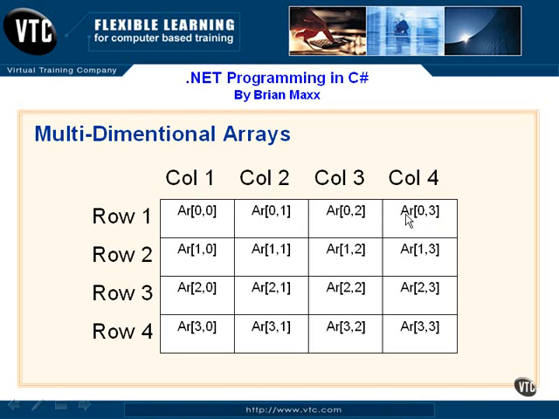So there's actually 4, but we start at 0. Same thing with rows. If you want to put the rows, that's going to be the first side here, the left side, and that's how you would specify your arrays for multi-dimension. If you wanted to get to the second row of the third column, this is how you would actually reference it. This is how you would set that up in your statements.